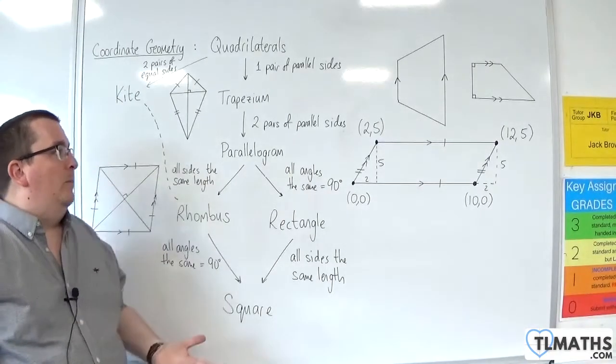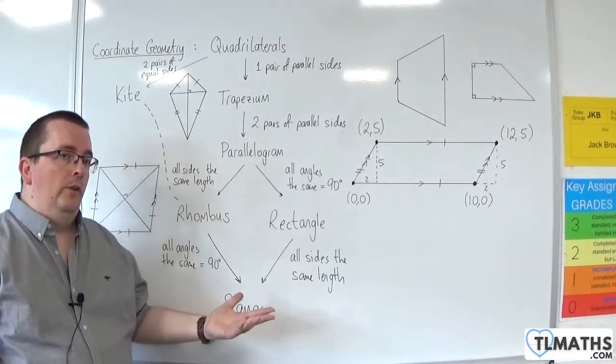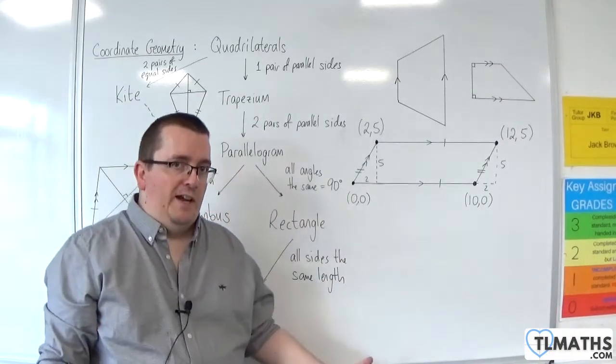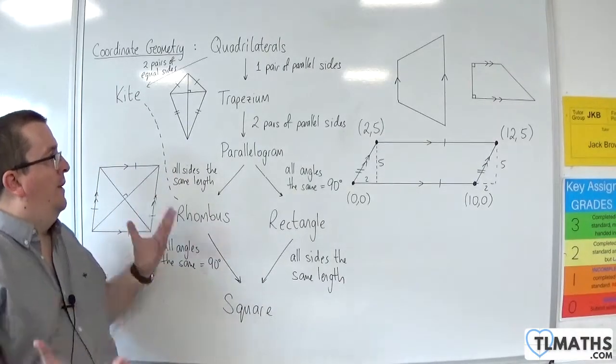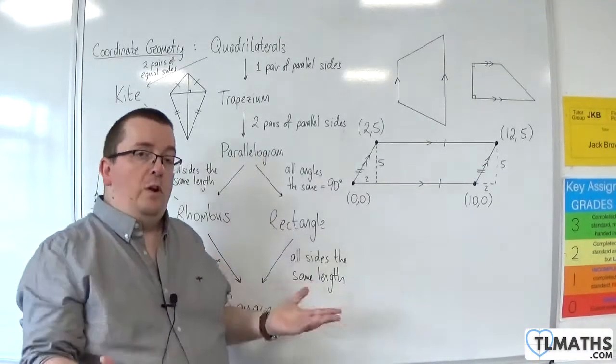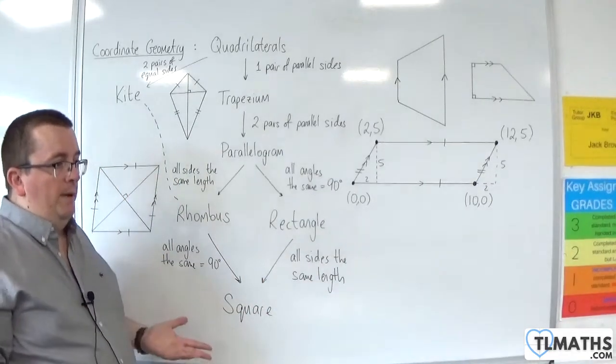And there could be quite a gap between being asked about the properties of quadrilaterals when you first learn it, up until when you do your A-level exam, and suddenly you're thrown into the idea, oh, I've got to work with a kite. What were the properties of a kite? I can't remember.